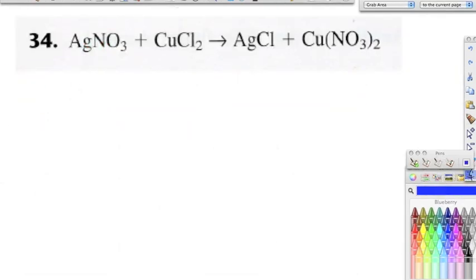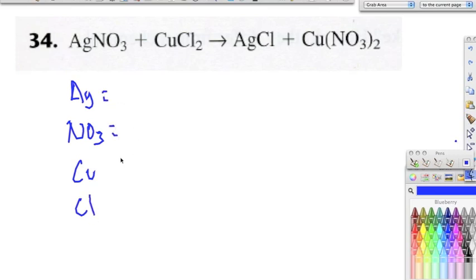All right, guys, on 34, it's wanting us to balance the following equation. So starting off here, we see that we have silver nitrate and copper 2 chloride produce silver chloride and copper 2 nitrate. So starting off, we're going to have silver as Ag. Nitrate we're going to keep as a polyatomic because we see it on both sides. And then we have copper, and then we have chlorine.